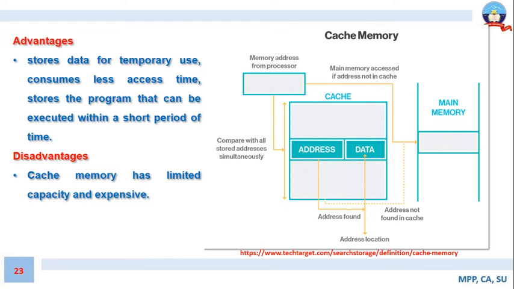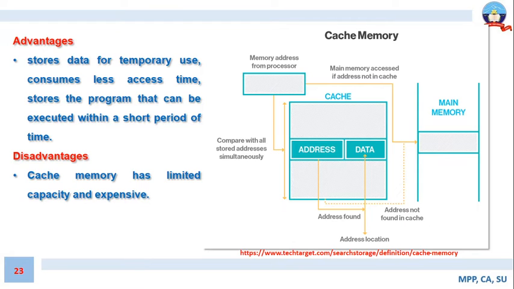So here we have the processor. The processor will provide the memory address from where the instruction or data is to be fetched. That address is simultaneously compared with the address values that are there in the cache. If it is found, then the data in the corresponding address locations is drawn and supplied to the processor.